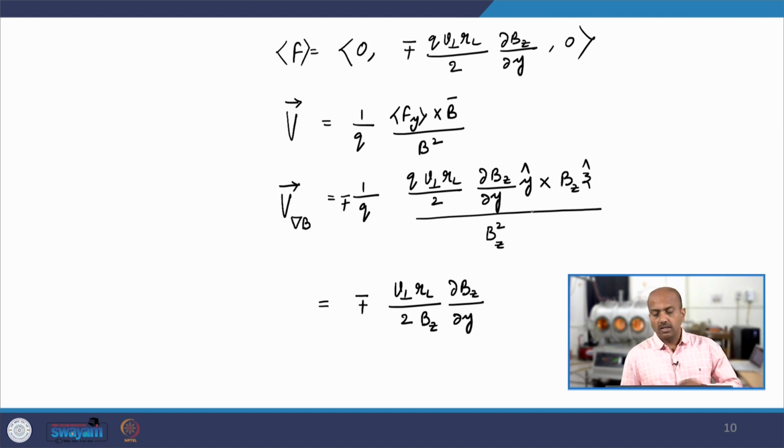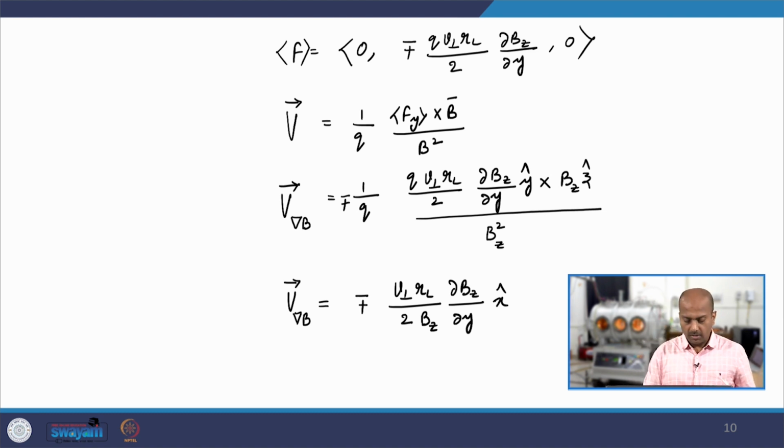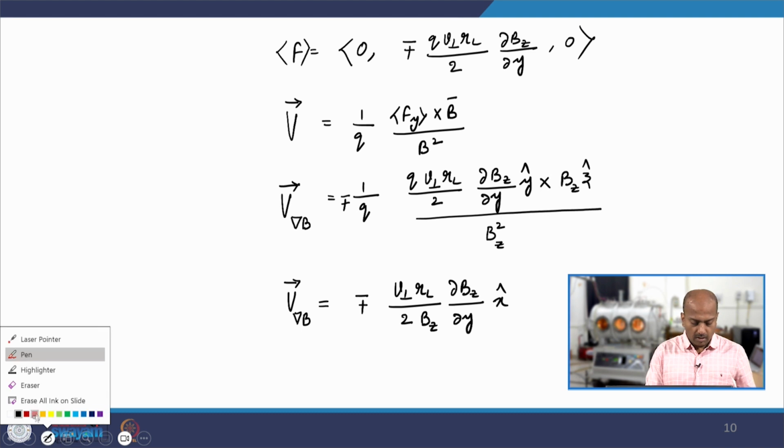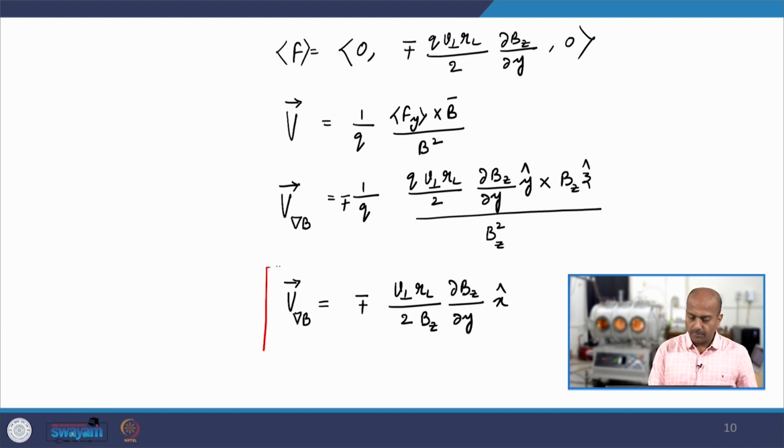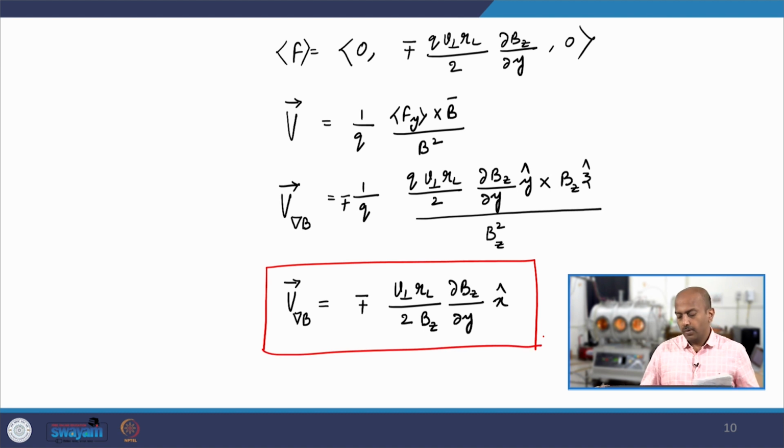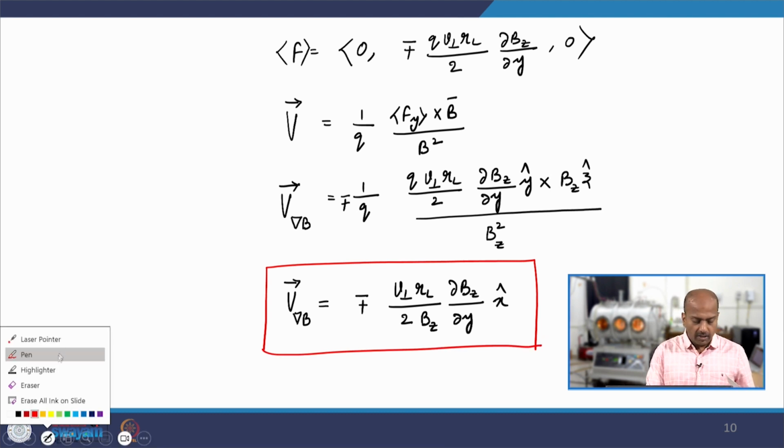Y cross z is x cap. So, it is v perpendicular RL by 2 Bz dou Bz by dou y along x cap. Right. So, this is the expression for the gradient drift velocity.